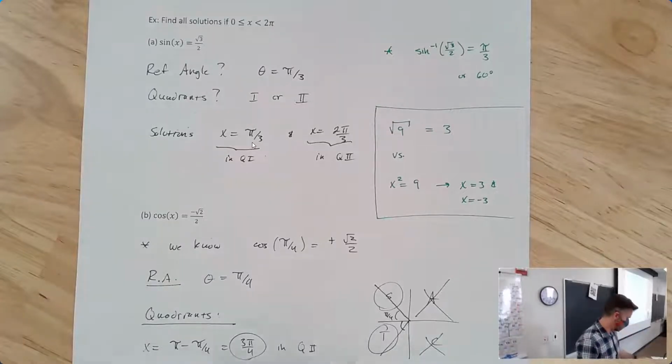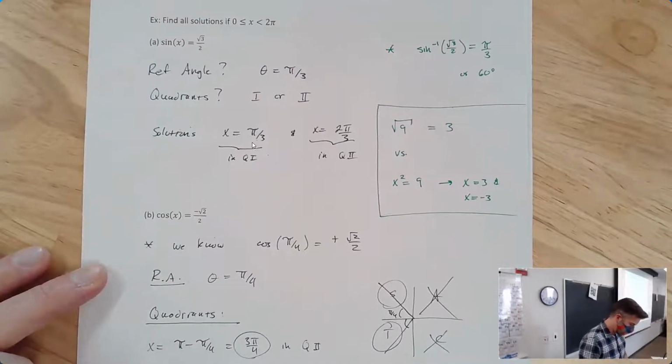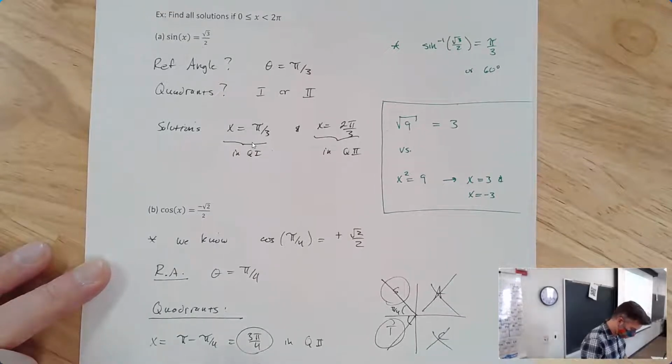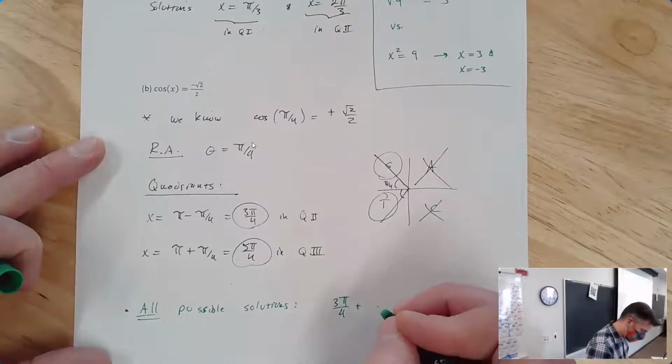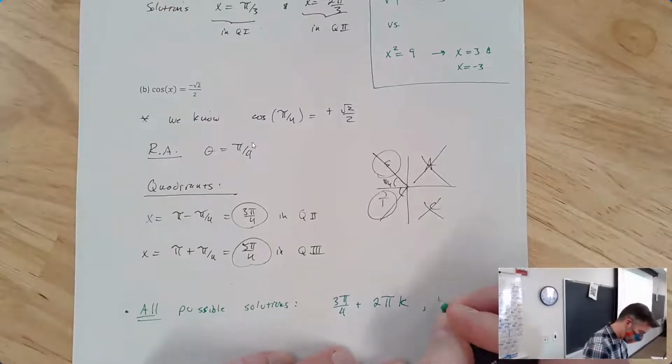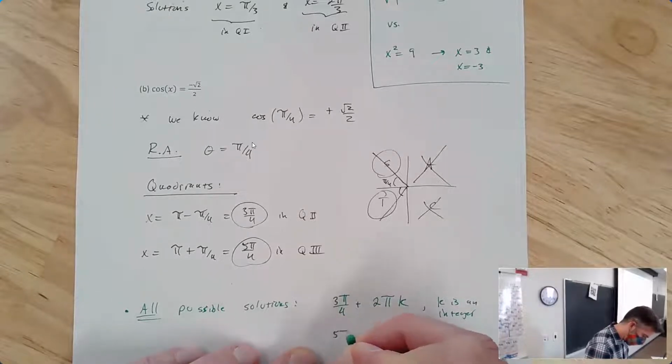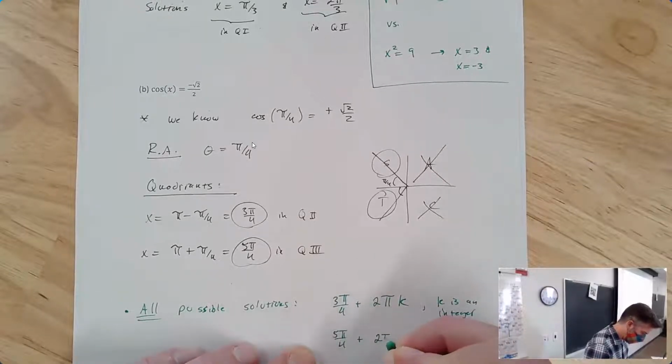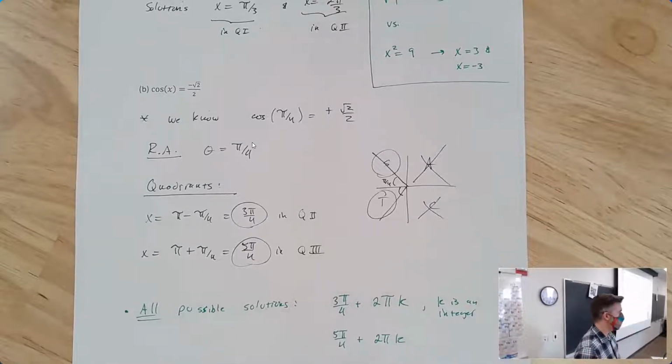But if we wanted to find all the solutions, the way that would look is annoying, but an easy way of writing it would be 3 pi over 4 plus 2 pi k, where k is an integer, and also 5 pi over 4 plus again 2 pi k. That's the way you write all the possible answers if someone's not limiting your domain.